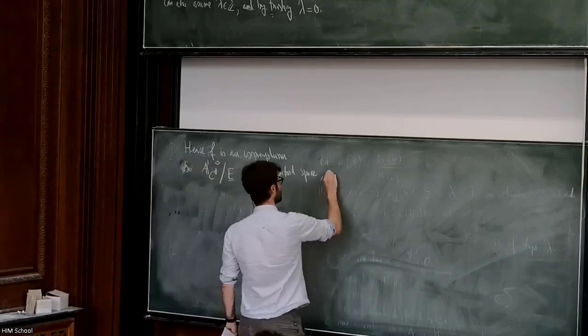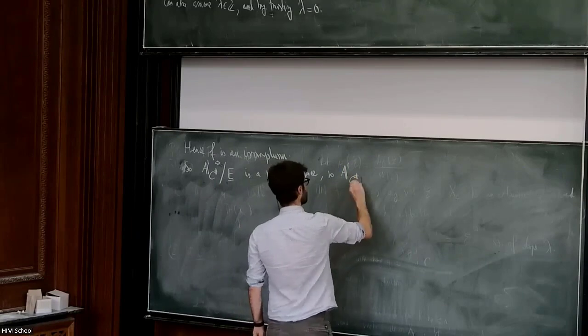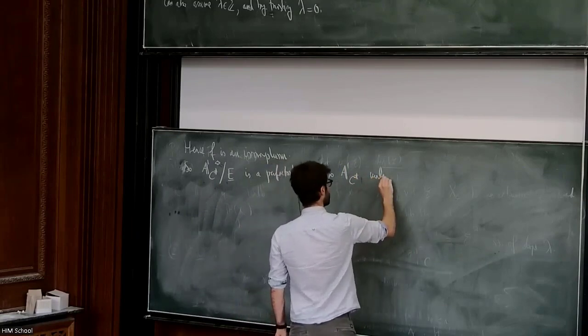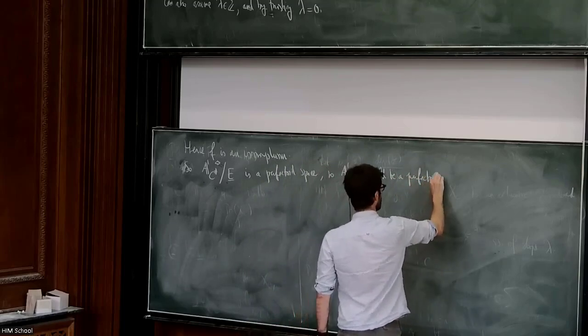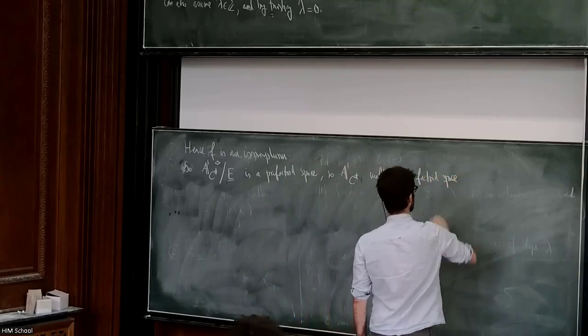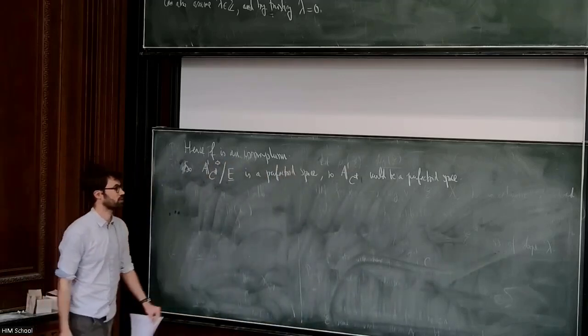And so A1 itself would be a perfectoid space, which is not true.